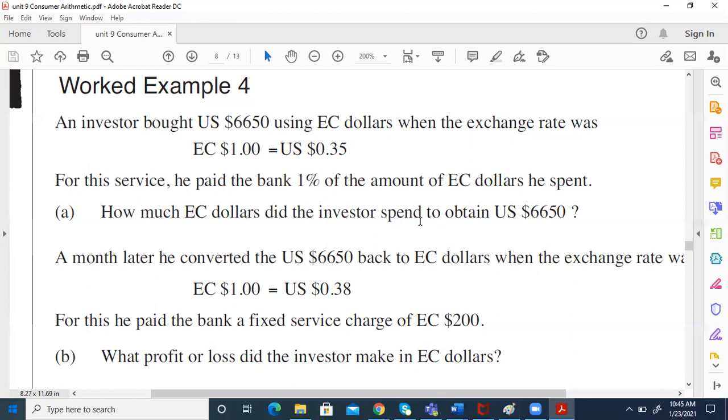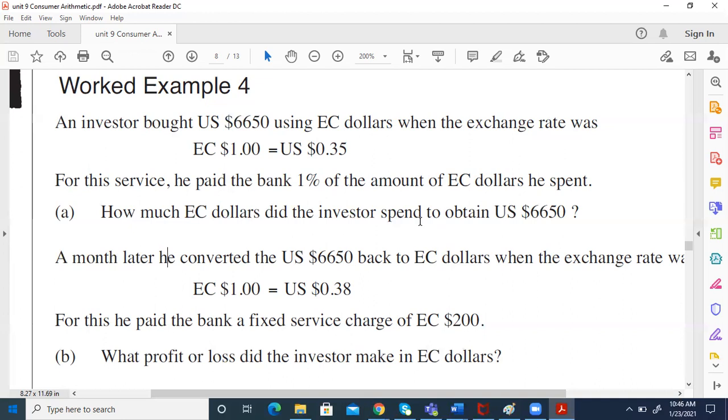That's what he would have lost, because he spent 19,190 the last time, but he only received 17,300, way less than he spent. The difference is 1,890.